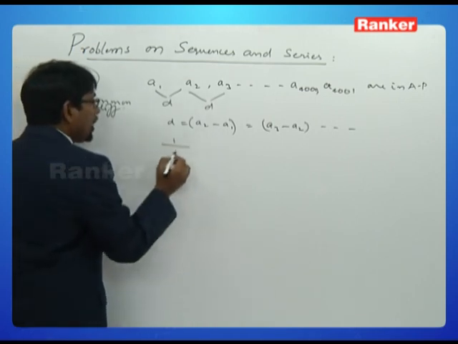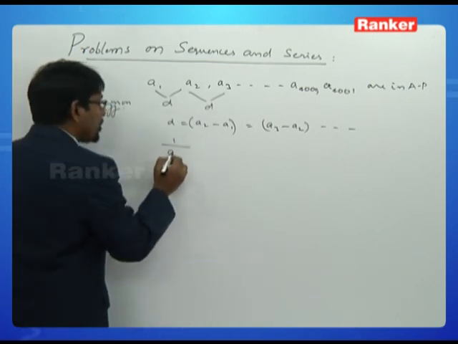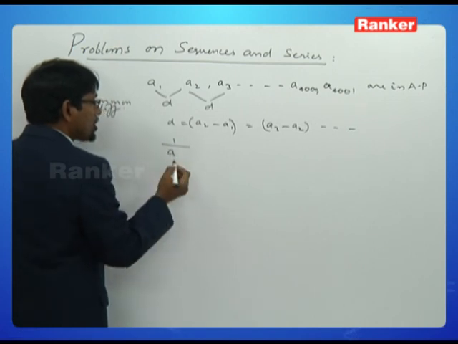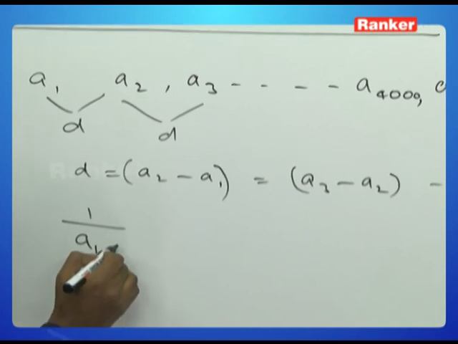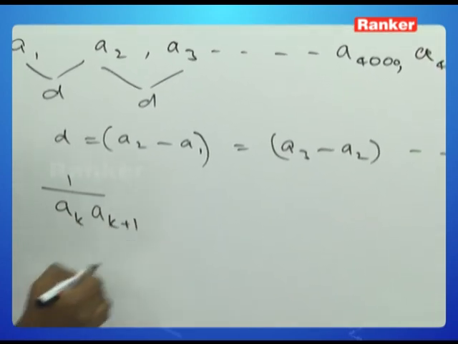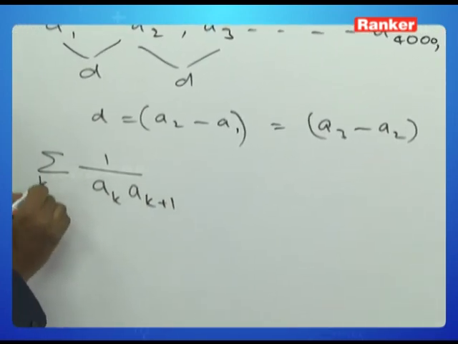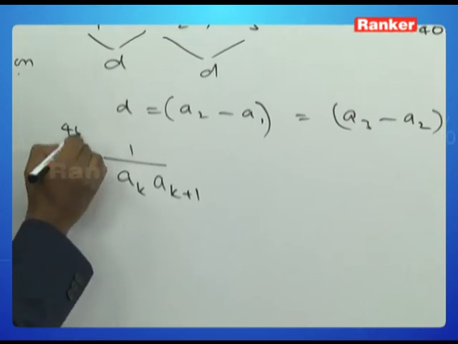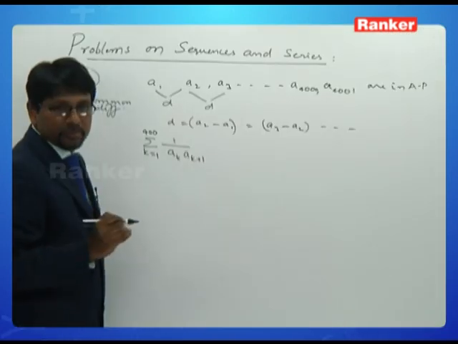Now this 1 by A1 A2, let's write a general term in the summation: 1 by Ak into Ak plus 1, k ranging from 1 to 4000. That's what you have in the summation.